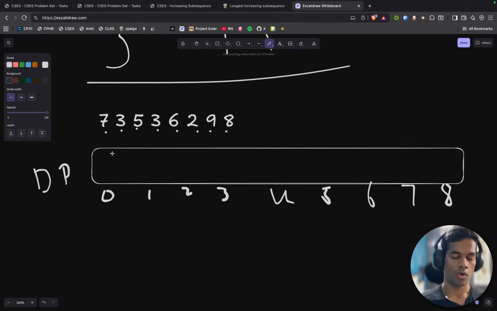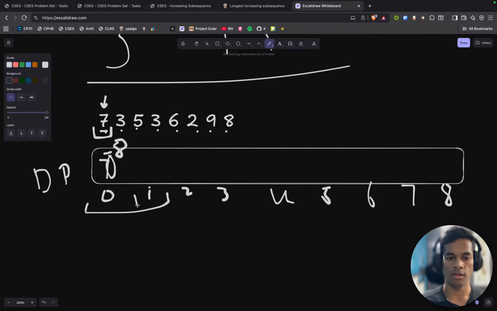What is the longest sequence? When I'm at 7, I need to make the longest sequence with 7. The longest sequence that I can have is the smallest number. Minus infinity makes sense. So when I am here, the best I can hope for is a length of 1.